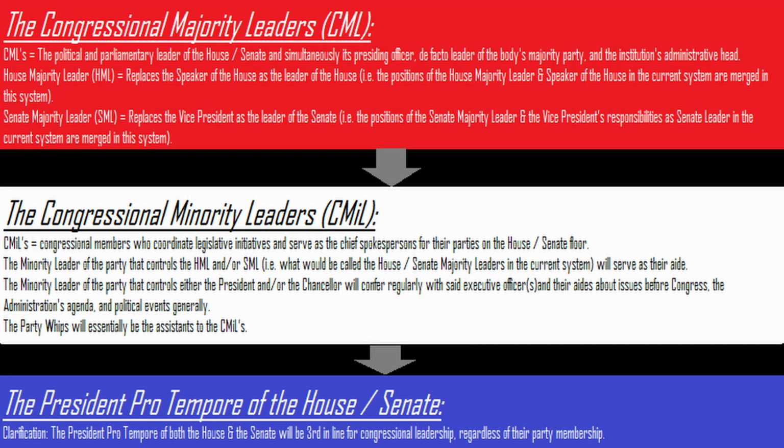They don't really have any true political power unless both the majority leader and the minority leader, who is of the same party as the majority leader, are absent. So essentially, they're kind of like third in line for the leadership role, if you will.